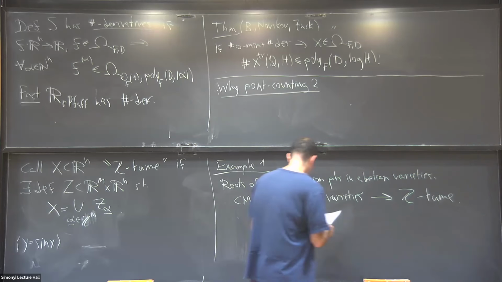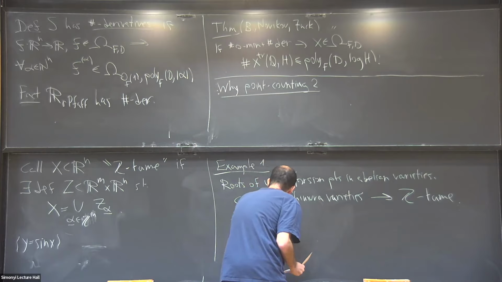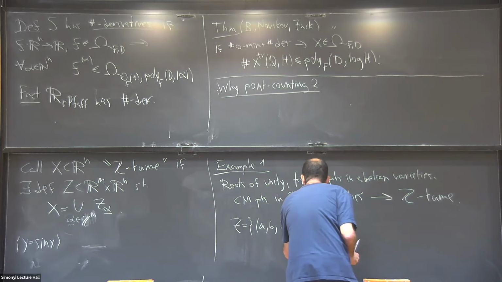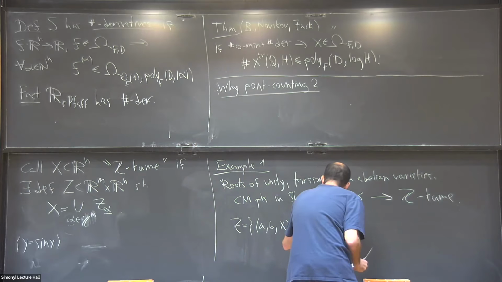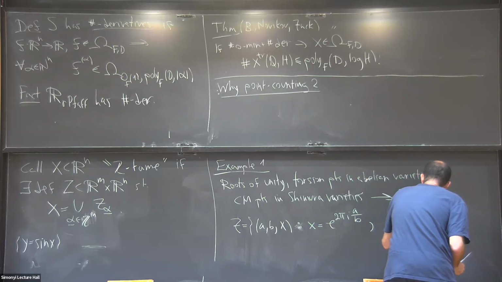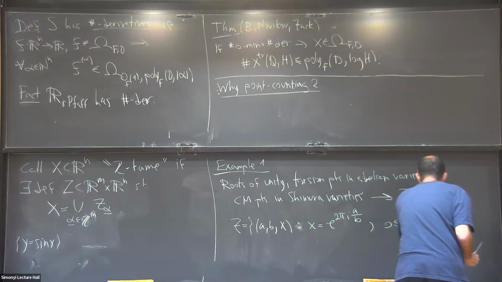Let me give the simplest possible example, for roots of unity. I could take my parameters to be A and B, the point would be X, and I want X to be equal to e to the 2 pi i A over B, and I want A to be less than B, with 0 less than A, something like this.